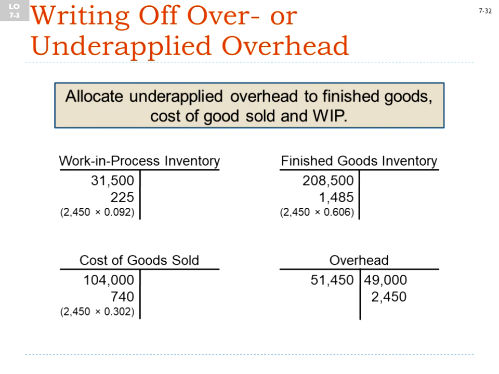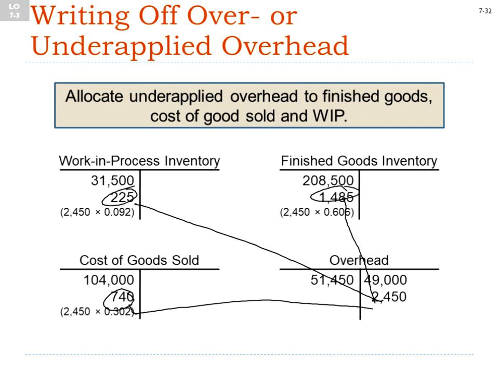So here you see the overhead account. It had a 51,450 debit, so actual overhead of 51,450. They applied 49,000 of it based on the predetermined overhead rate. So then they had to balance it out with a credit of 2450, and that 2450 is allocated to work in process, to finished goods, and to cost of goods sold.